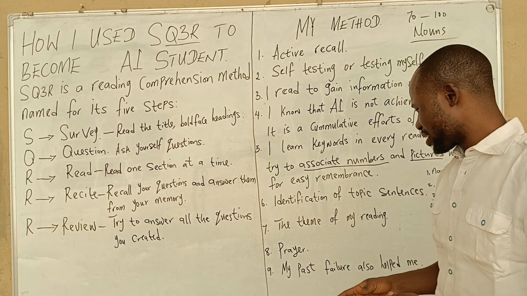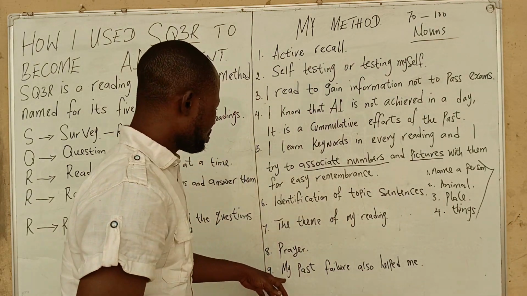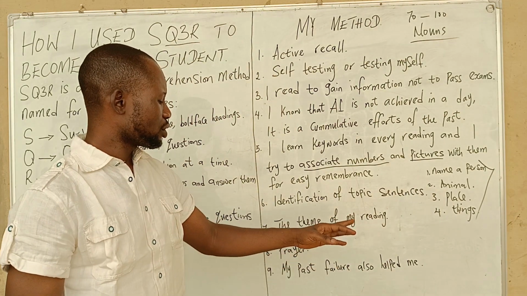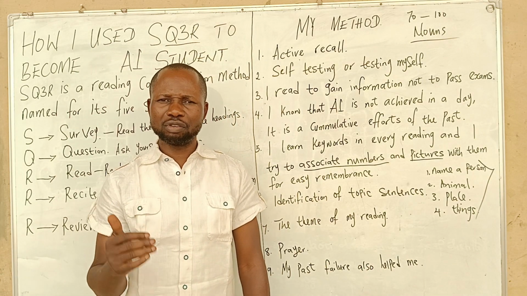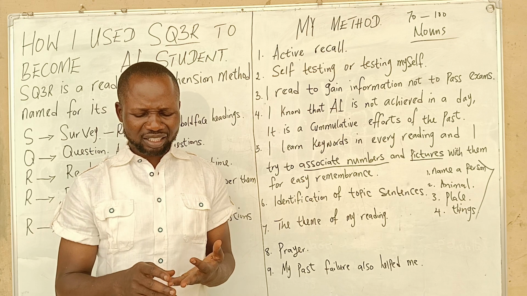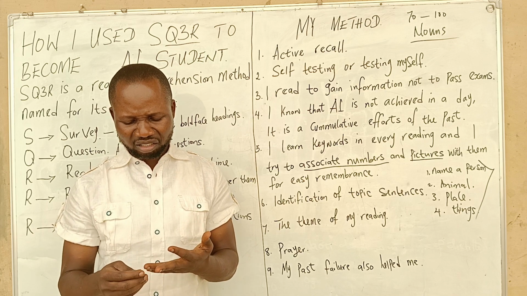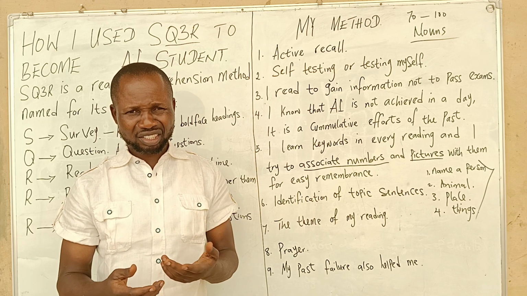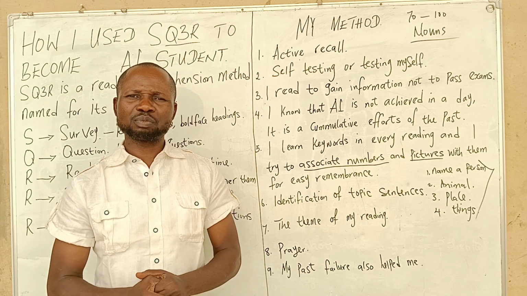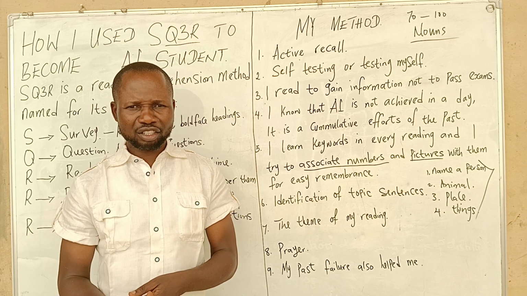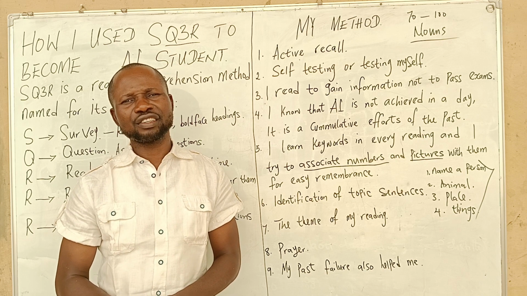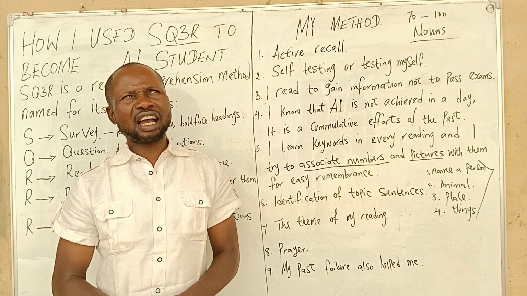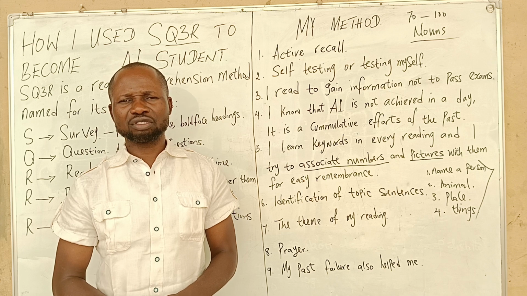So the last is my past failures also helped me. Yes, I have tasted failure before. I think I wrote WAEC twice, NECO once, GCE once, just because of English. And today, I am an A1 student in English. When I was failing, I didn't really like it.